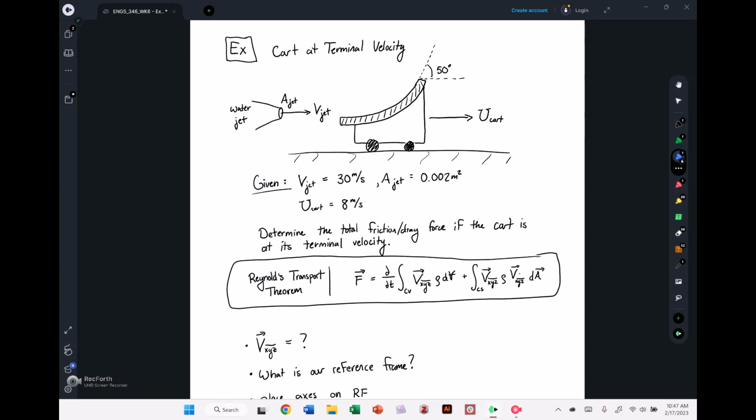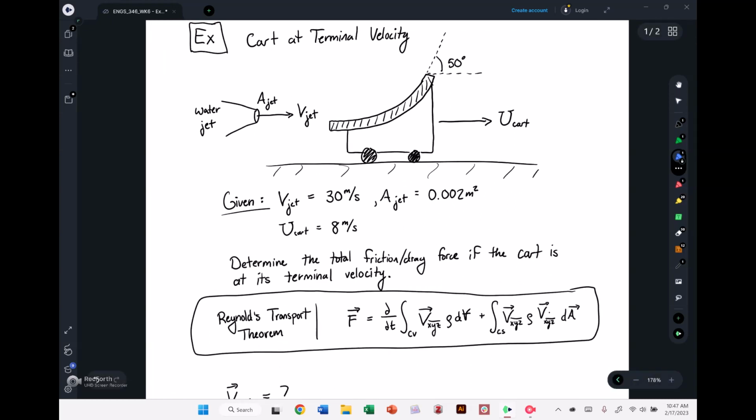So what we're going to look at is this goofy looking cart that is at terminal velocity. There's a jet of water that's going to shoot and go up that ramp and off at a 50-degree angle. Our cart is going to be moving with a velocity u cart, but there's going to be a drag force, both from friction of the wheels, and maybe this is a really rickety cart, and it's also moving at 8 meters per second.